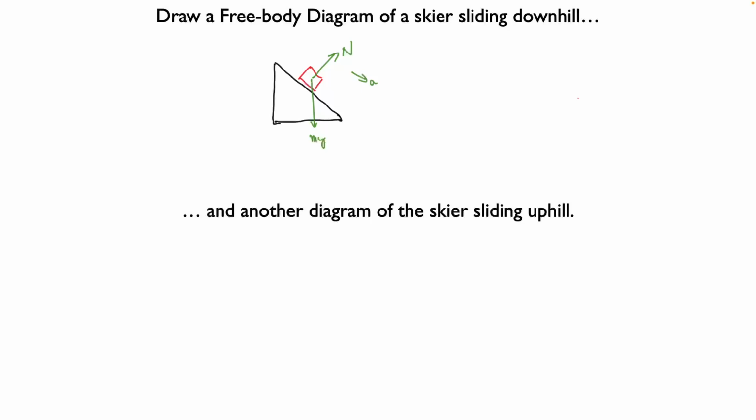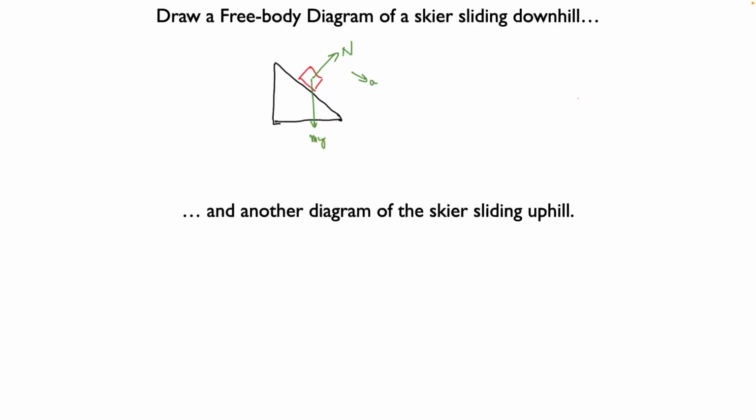You always want to put one of your directions, x or y, in the same direction as the acceleration. One of them, not both. This is going to save you from having to do a lot of math later. Conceptually, it's a bit of a burden, but mathematically it simplifies things.